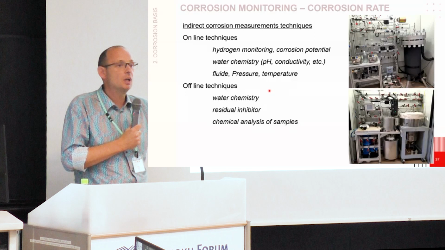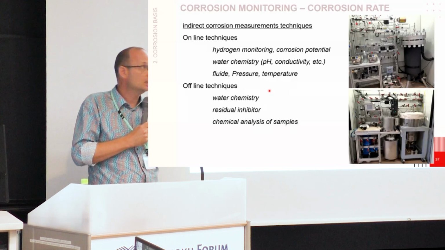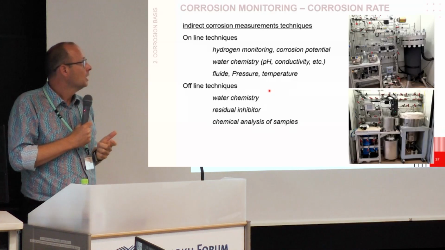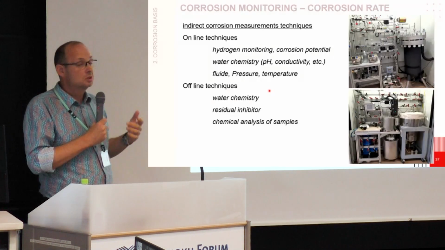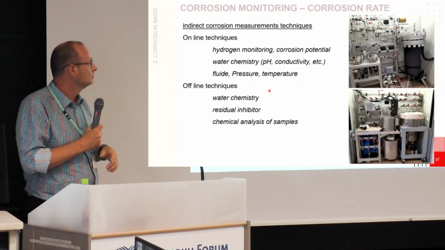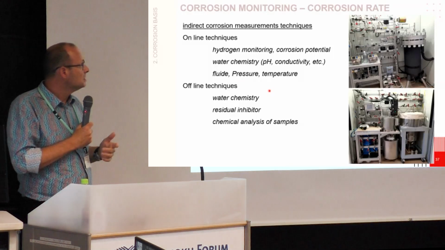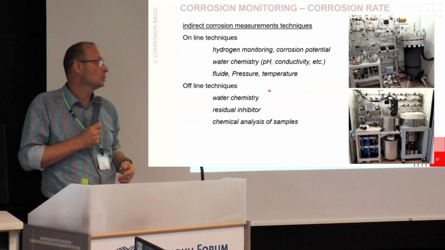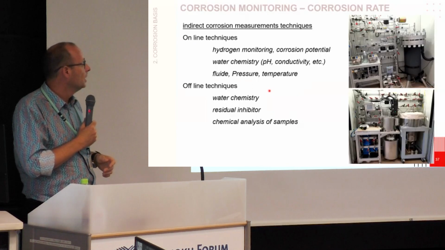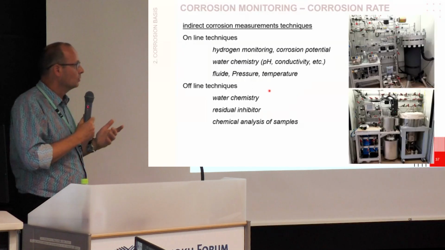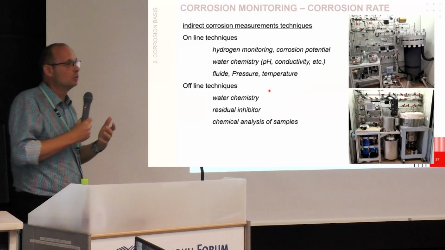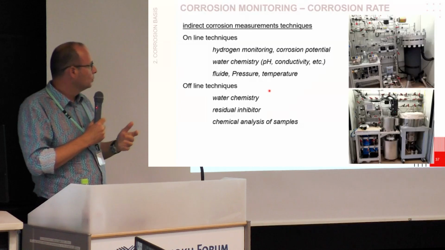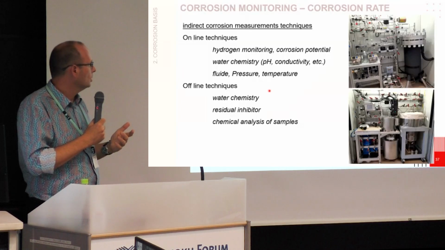I'm putting metallic ions in solution, so I can follow, for example, the water chemistry using conductivity, resistivity, pH, if I'm consuming too much H+. And when there is corrosion, the system equilibrium is changing, so I can have fluctuations in the fluid, in the pressure, in the temperature.